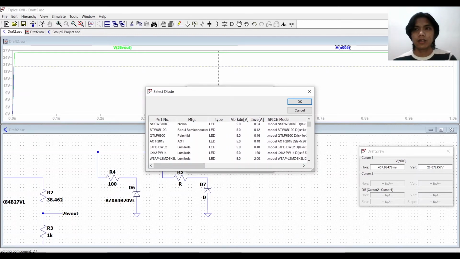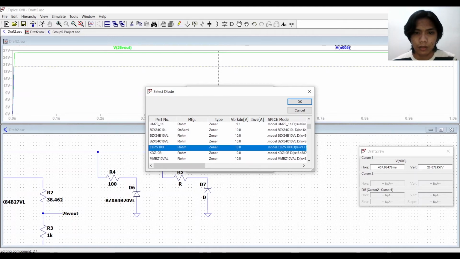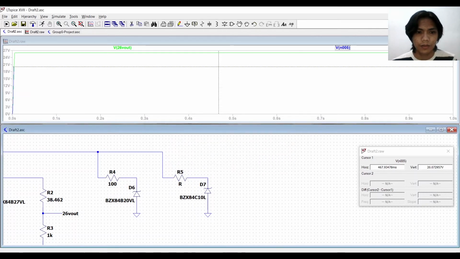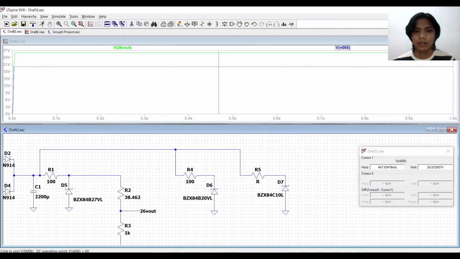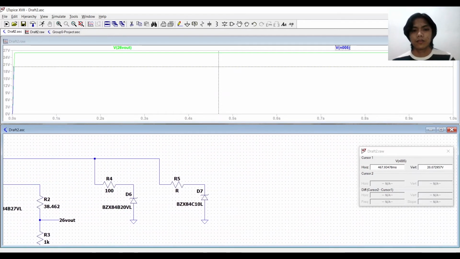So this time the Zener diode that we will be using is one of the 10 volt. Is it 10 volt? 620 and 10. So 10 volts.